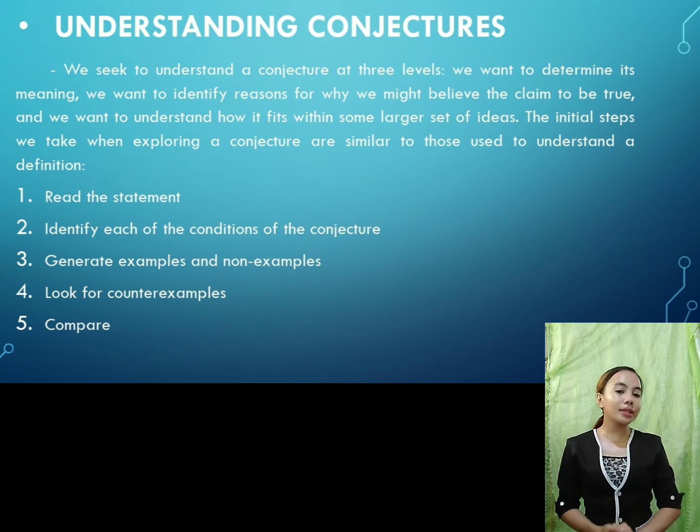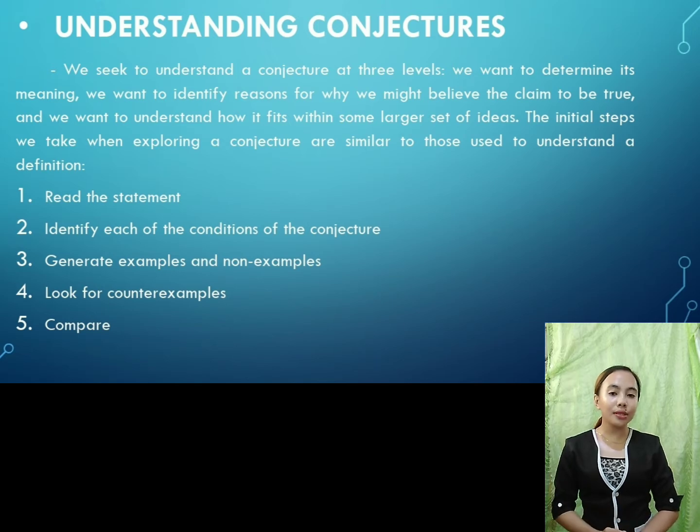When we say understanding conjectures, we seek to understand a conjecture at three levels. First, we want to determine its meaning. Second, we want to identify reasons for why we might believe the claim to be true. Third, we want to understand how it fits within some larger set of ideas.